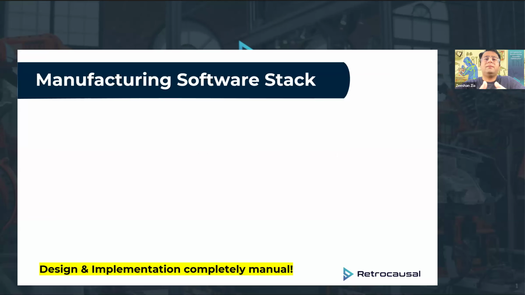In fact, the way I think about the manufacturing software stack is, imagine you are an auto part manufacturer and an OEM comes to you with a CAD model. They say, hey, we need this new kind of glove box made, and you need to produce 200,000 units of this glove box every month starting next month.